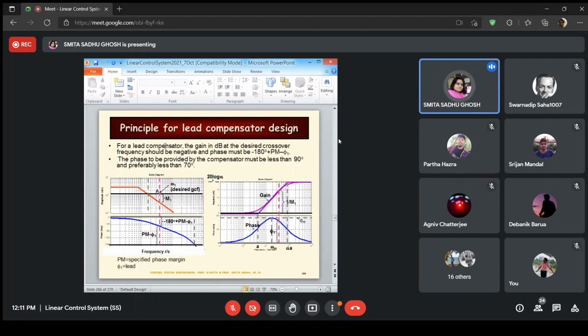Now you need not read through that right now, but have a good look at the figure on the left side and the right side, right? There are two Bode plots that you see over here. Unfortunately, I cannot do board work.